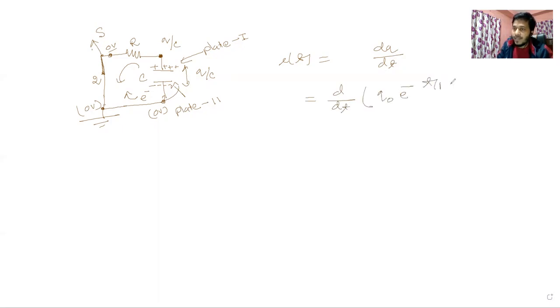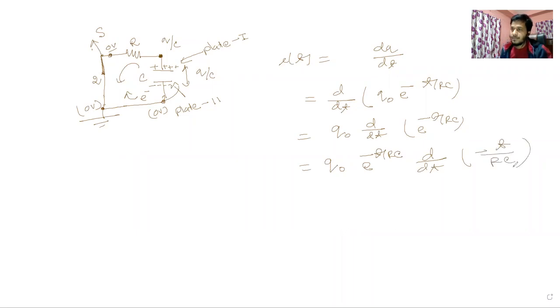Q naught e to the power minus t by RC. Then Q naught equals E upon R, and this is a constant term, so we can take it out. d by dt of e to the power minus t by RC. If you differentiate this term, you get e to the power minus t by RC times the derivative of minus t by RC, which is minus 1 by RC.